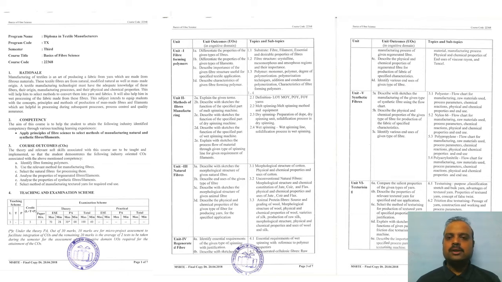For example, the COs, meaning course outcomes. What you will be able to understand after completing this course is suggested by the CO. There are a total of 6 different course outcomes, and each course outcome is linked with each unit in the syllabus.